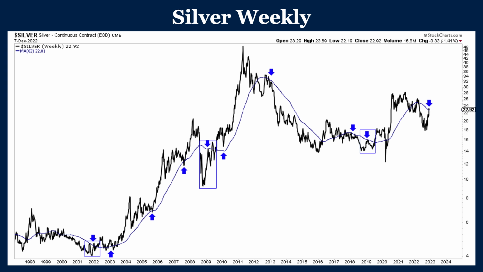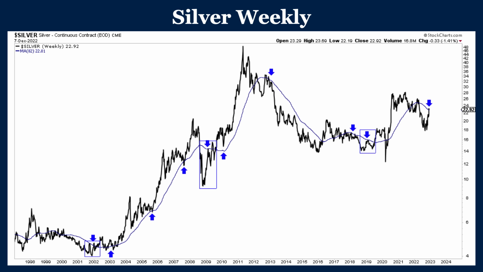And then the next case was late 2018 into 2019. Silver rallied up to the moving average, had a decent pullback, and then it didn't break through it until the middle of 2019 when the Fed cut rates for the first time in a while.